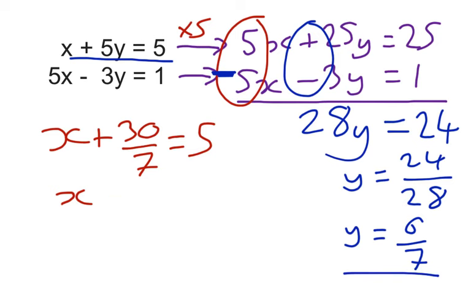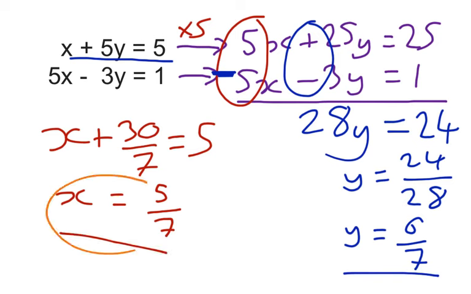So x equals 5 minus 30 over 7. And that 5 minus 30 over 7 is equal to 5 over 7. So x is equal to 5/7.